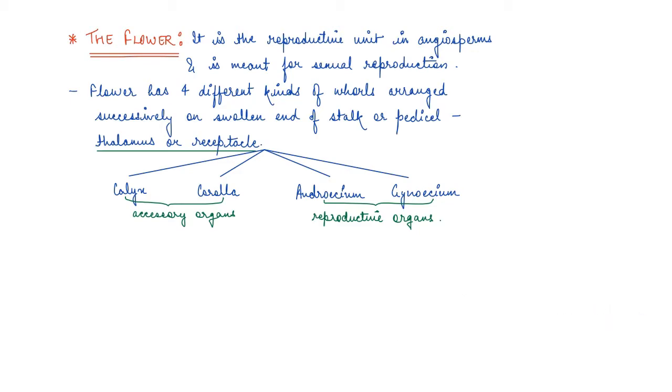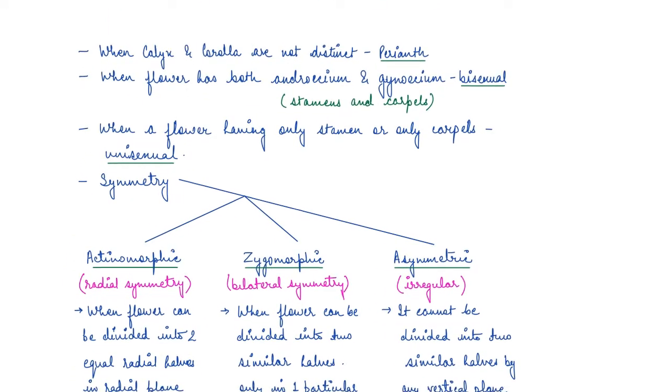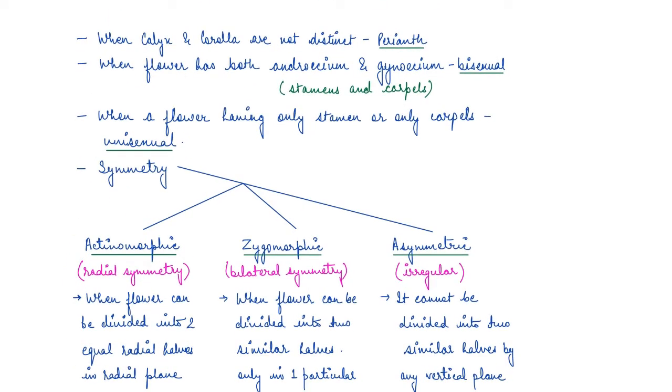Now, if we talk about what exactly calyx and corolla are. So there are some cases where calyx and corolla are not distinct. Okay, and in these cases, basically they are known as perianth. Say in flowers like lily, calyx and corolla are not distinct and they are known as perianth, right?